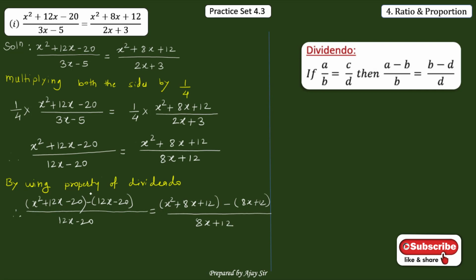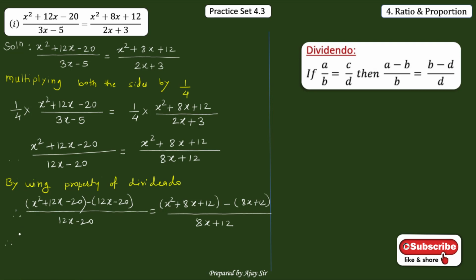So a minus b divided by b, a minus b divided by b. Like that. So therefore now remove the brackets.